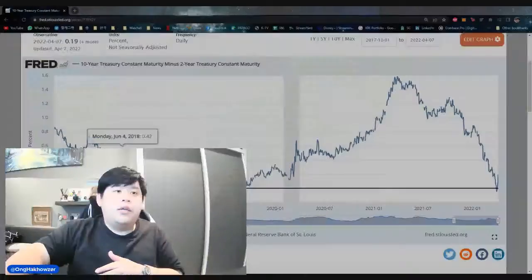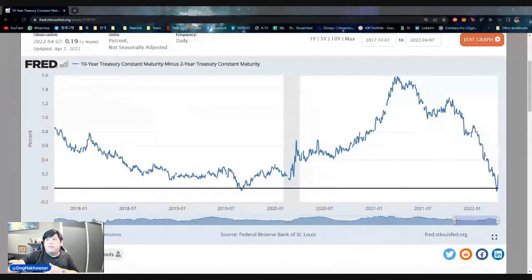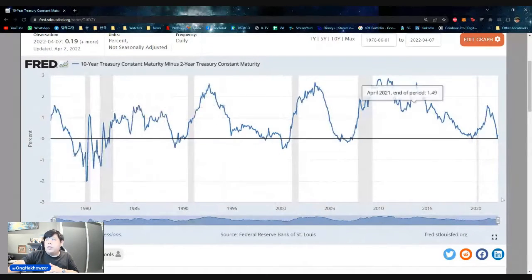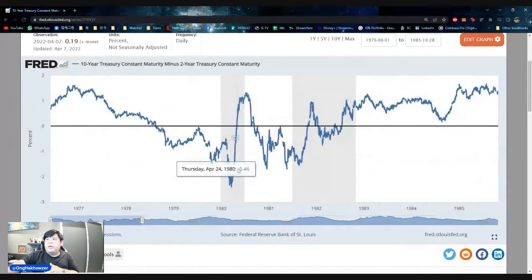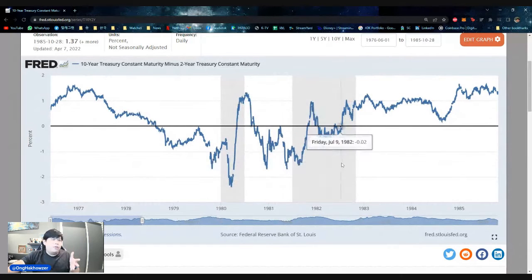Of course, if we take into consideration what happened during the Paul Volcker era, they were having 11% inflation, 16% inflation. It was crazy. And they had to go all the way up to 1.17, and 1.17 is because they are doing the 10 minus 2.